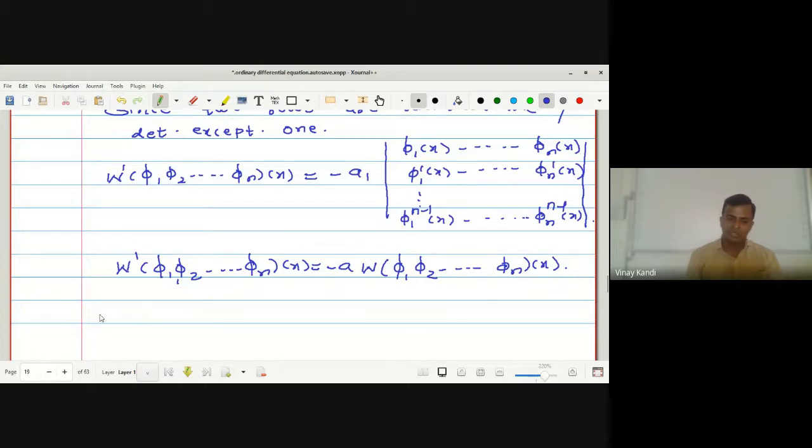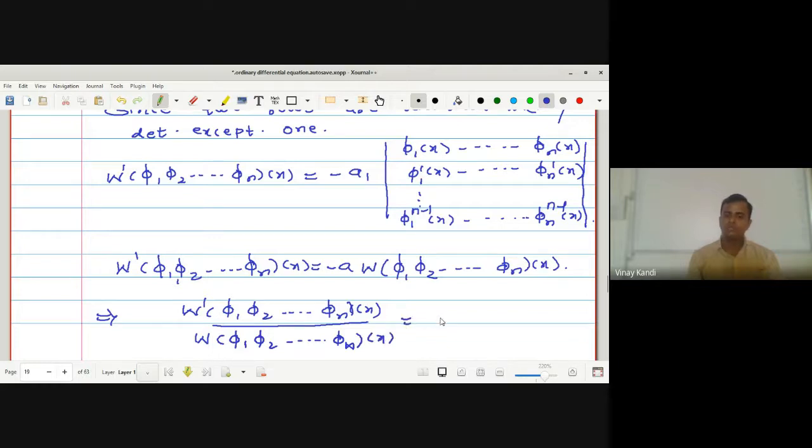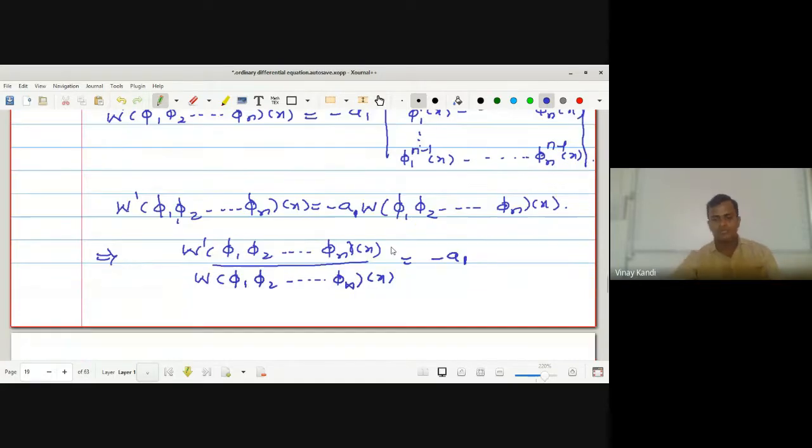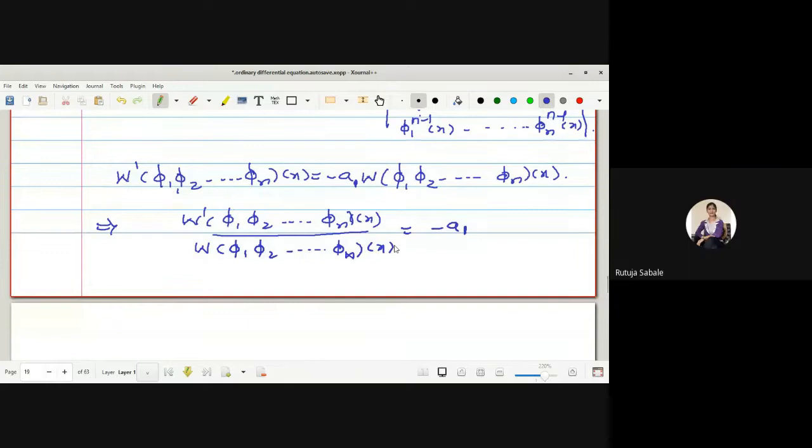Which implies that W dash of phi 1, phi 2, up to phi n of x upon Wronskian of phi 1, phi 2, up to phi n of x is equal to minus a1. Okay, any doubt? No, sir.